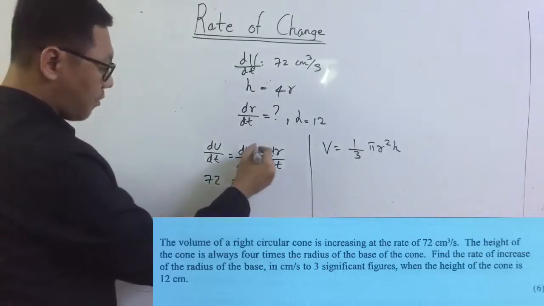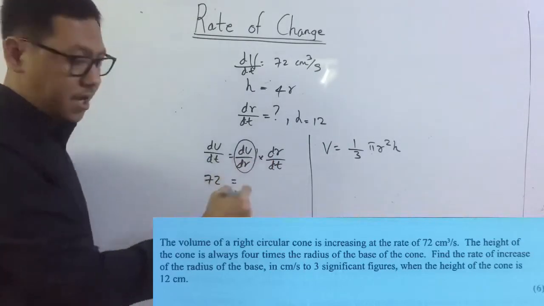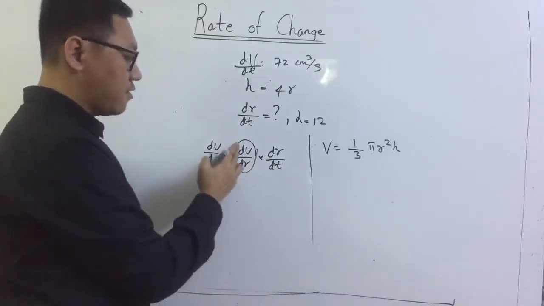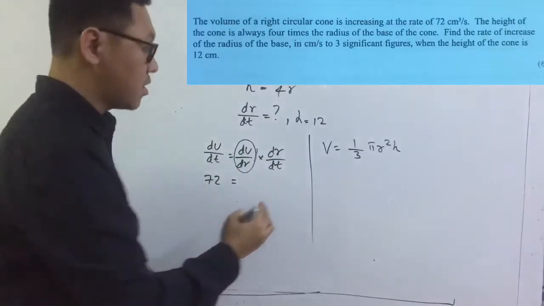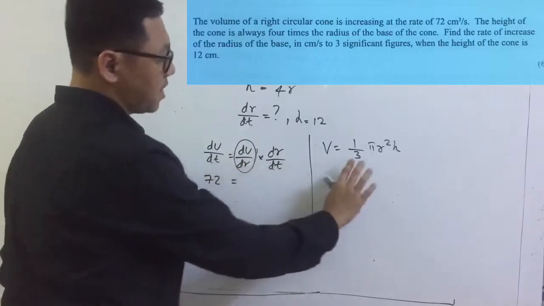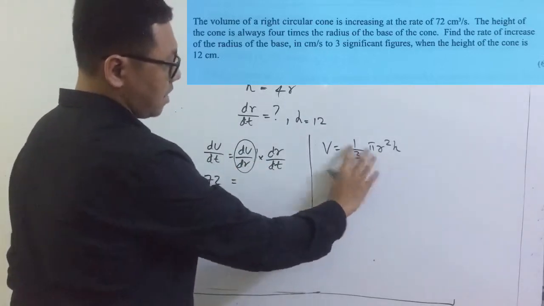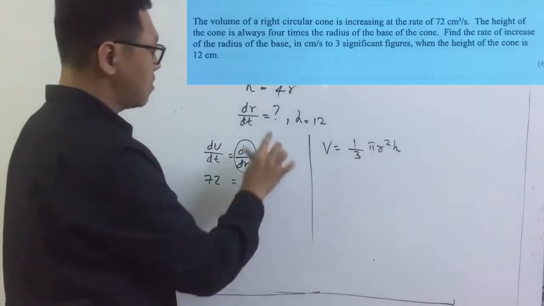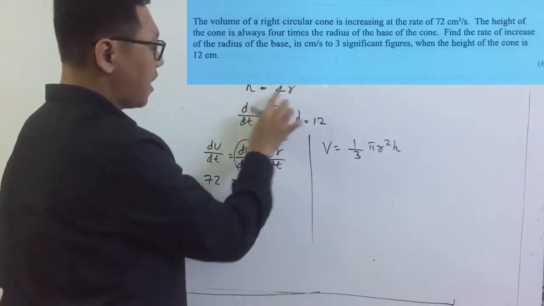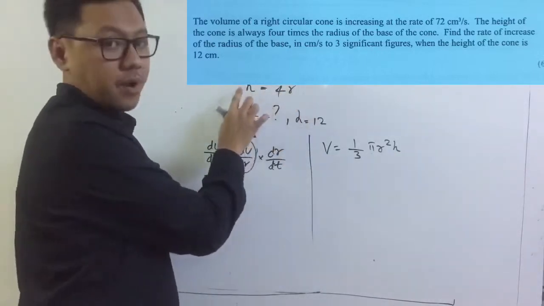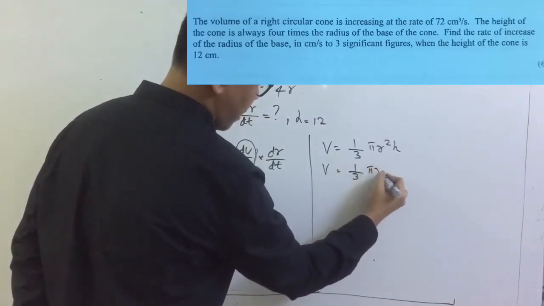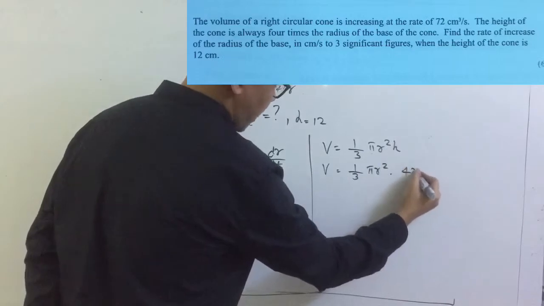So what we need here is dV by dr, right? We have to differentiate volume with respect to radius, but we don't need height here. We have to do it in r. So I'm going to substitute for h in terms of r. So V is equal to 1/3 pi r squared times 4r.